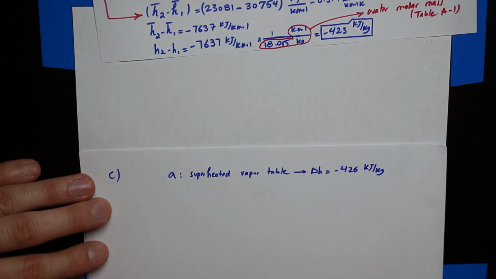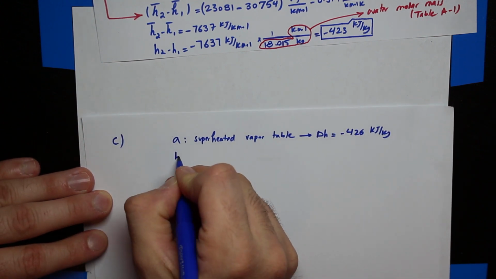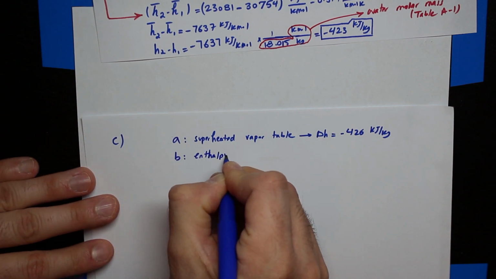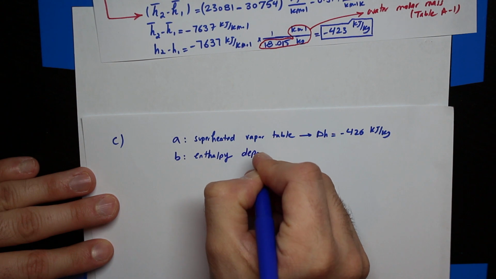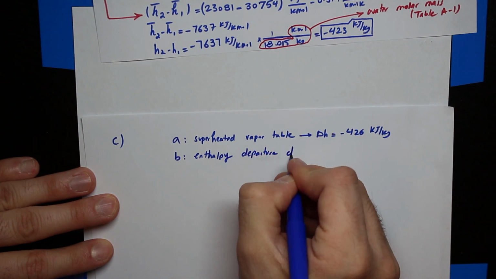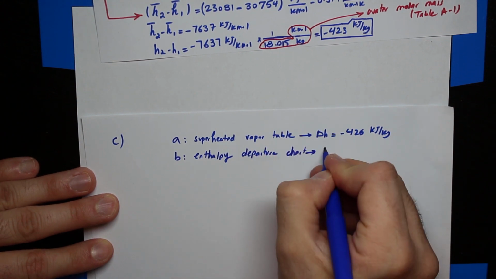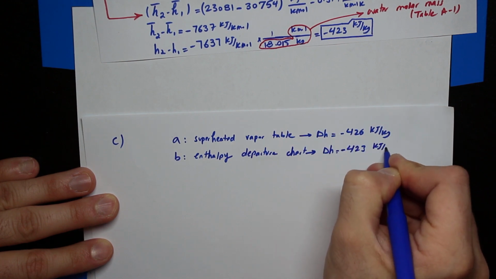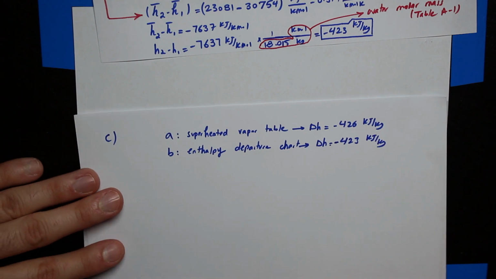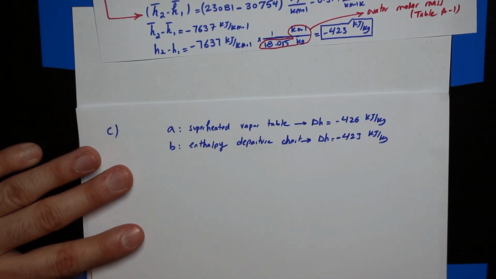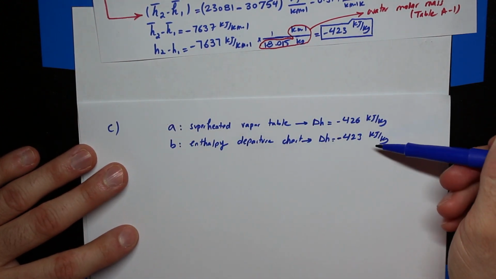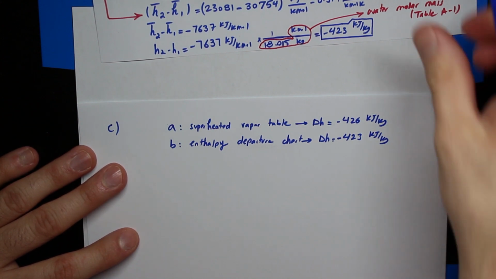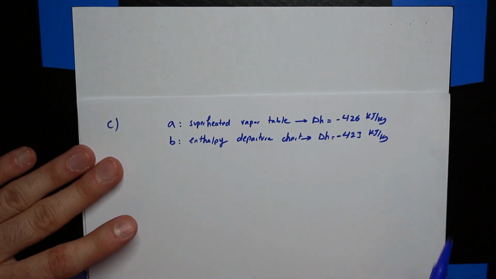This is what I used in part A. In part B, we use the enthalpy departure chart, and that gave us dH equal to negative 423 kilojoule per kilogram. So first of all, the two numbers are pretty close to each other. But the question is, between these two answers, which one is more accurate? So obviously they are different from each other, right? So one of them should be more accurate.